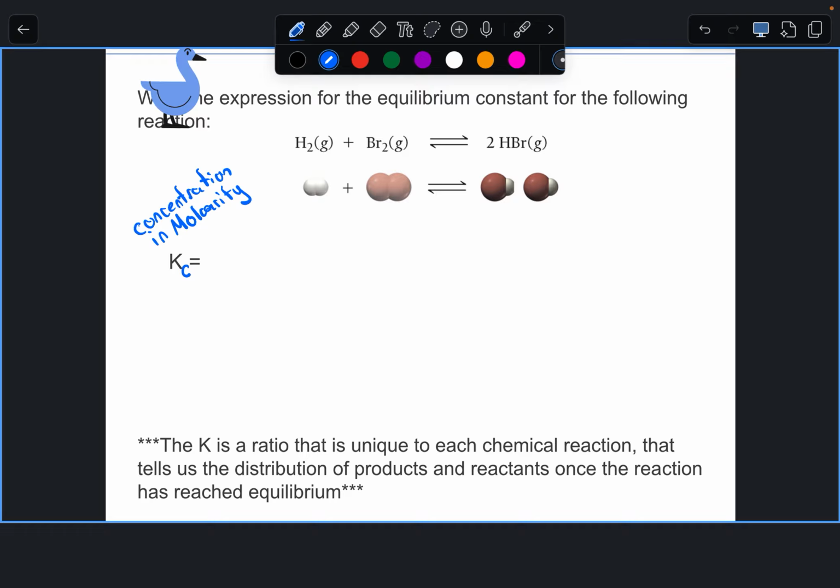And then we can also report this as Kp, which would be in pressures. Like in this reaction, all of those are gases, so it's probably easy for us to report it as pressures because that's more typical of how we report amounts of a gas.